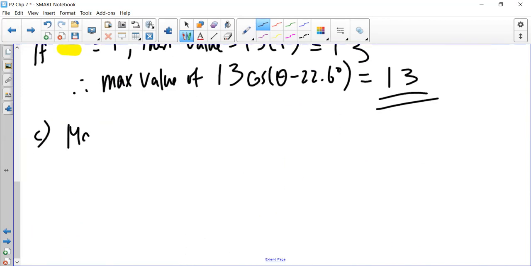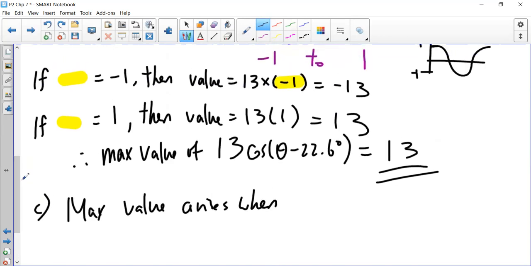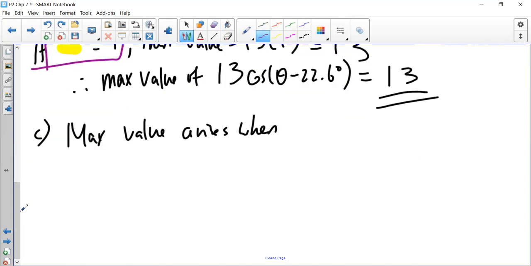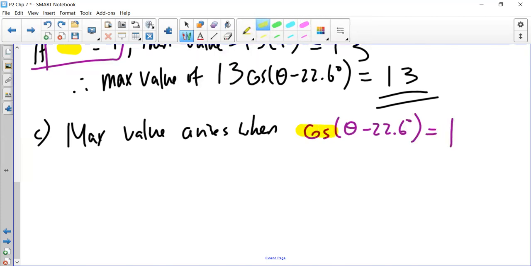The max value arises when, what's the condition? When this bracket equals 1. So we write the highlighted part, which is when cos(theta minus 22.6 degrees) equals 1.